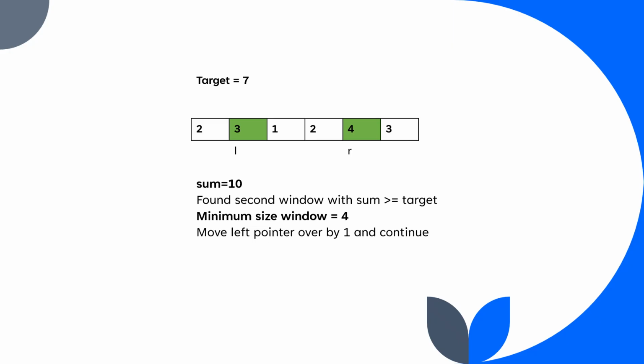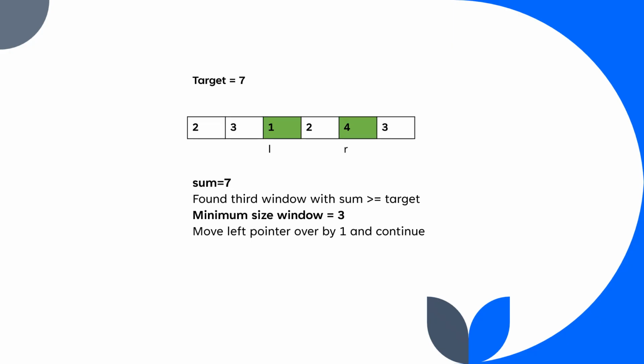The sum is greater than or equal to the target. The window size is still 4, so that's still our minimum window size. We're going to continue to find other windows, so we're going to move our left pointer over by 1. The sum is 7, so now we found a new window with our target, and that window size is 3. So our new minimum window size is 3.